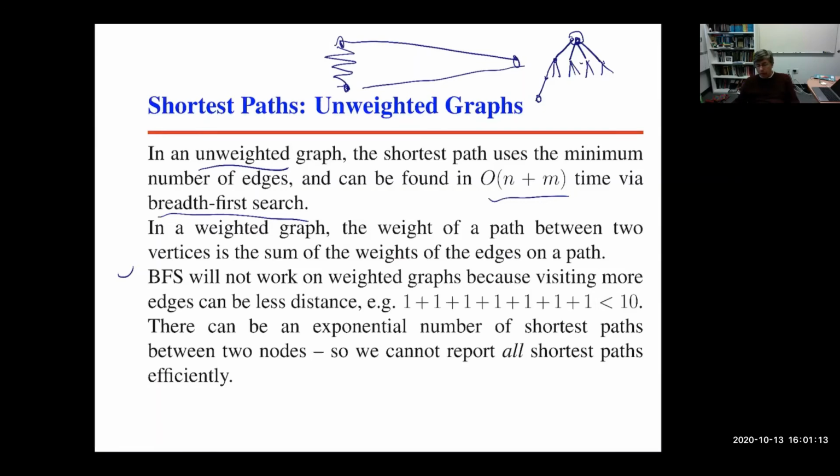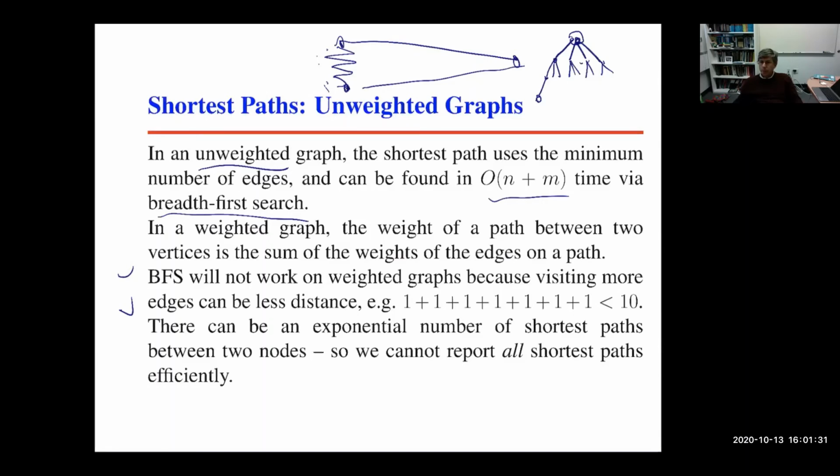So the weight of a path in a weighted graph is the sum of the edge weights on that path. A path with the fewest number of edges is not necessarily the shortest weighted path. Any questions?